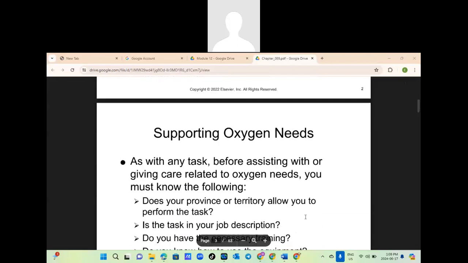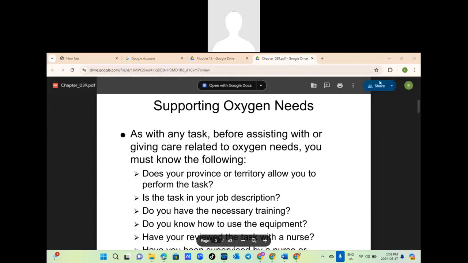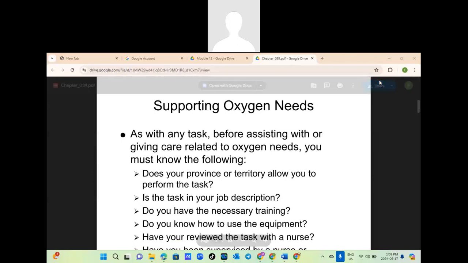As with any task, before assisting with or giving care related to oxygen needs, you must know the following. Does your province or territory allow you to perform the task? As we have discussed before, different provinces and territories have different legislations.